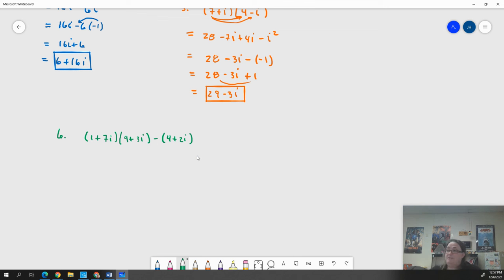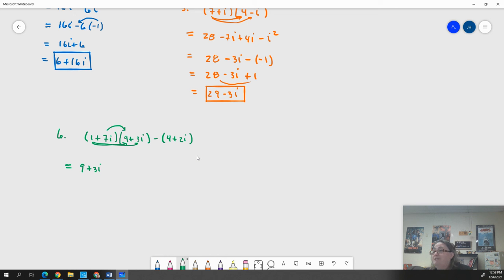So order of operations says we have to do our multiplication first. So we're going to deal with all of this first, right? And I'm going to start just like I would normally. I'm going to go 1 times 9. Well, 1 times 9 is just 9. Then I've got 1 times 3i. Well, that's just plus 3i. My 1 has played itself out, so now I'm going to go 7i times 9.